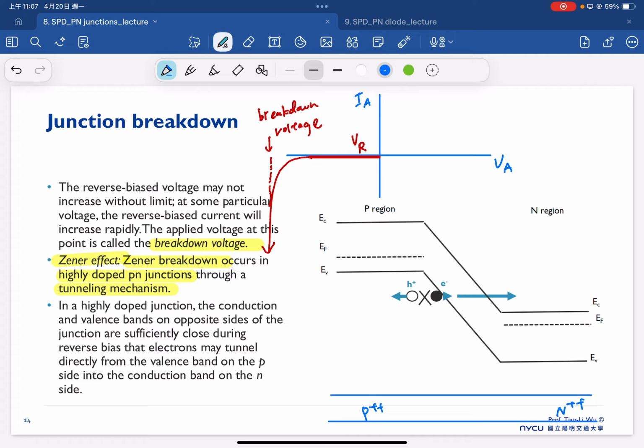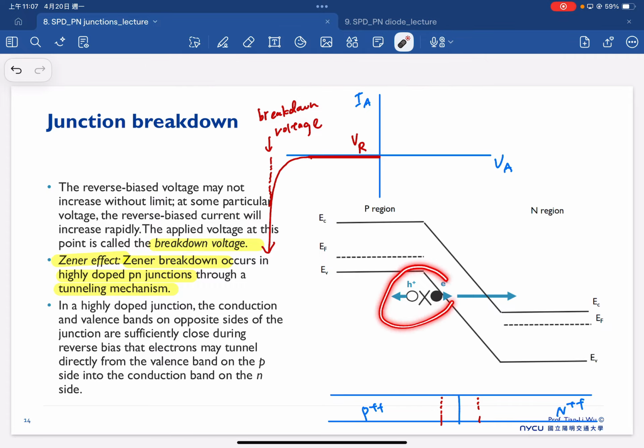Based on the concept that depletion width is inversely proportional to junction capacitance, once we have high doping, we will have a very narrow depletion width. Therefore there is a chance that these carriers, electrons and holes, might tunnel through this depletion width and reach the other side.